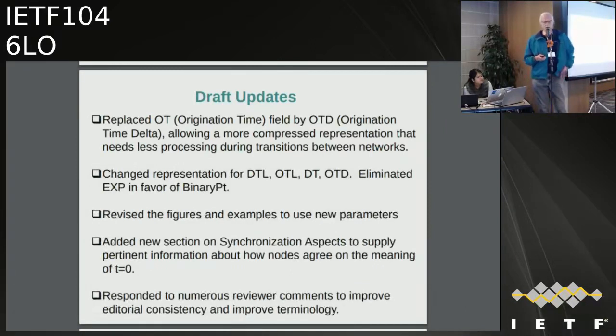We were okay with the units to count the time in, but we were just assuming that the synchronization between the networks would also take care of what time t equals 0 meant. The new draft doesn't make that assumption. It's much more explicit about how choosing the different time representations affects the synchronization.